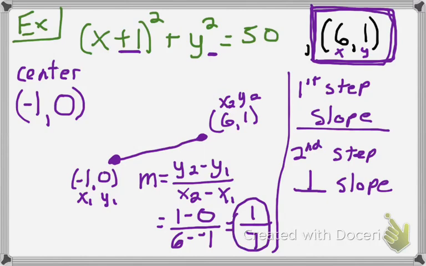Now, since I have the slope, 1 over 7, I need to find a perpendicular slope. Well, what's the opposite of positive? Negative. And then flip the fraction, 7 over 1.